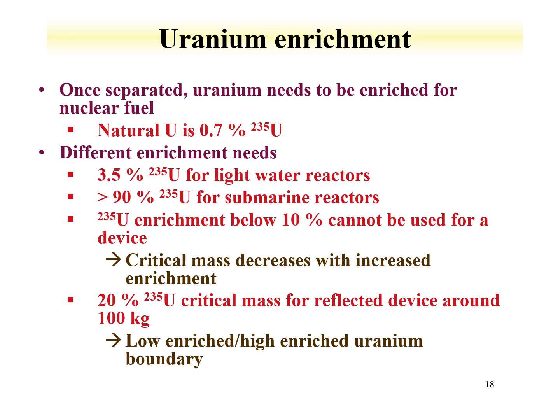A process is going to be needed that takes that uranium from 0.7% uranium-235 to the desired percentage of uranium-235. And here's some data on uranium enrichment related to devices. 10% cannot be used for a device, and 20% needs around 100 kilograms, and this is the boundary for high enriched and low enriched uranium.